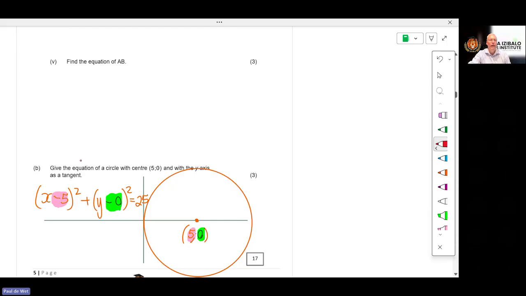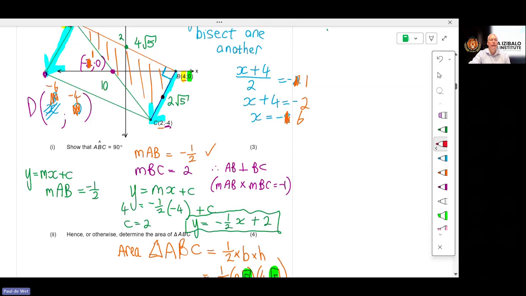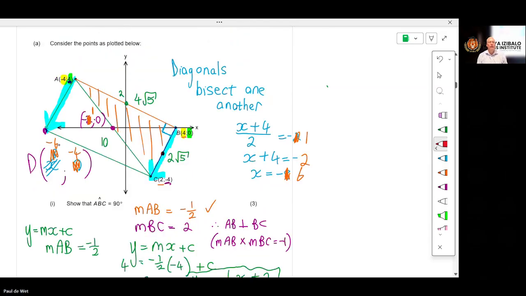On the coordinates of D, over here. Yes, thank you, I think I have made a mistake. What should it be? It should be 0. Sorry, guys, thank you very much. It should be 0. We are dropping down by 4, so we're dropping from 4 down by 4. I appreciate that.